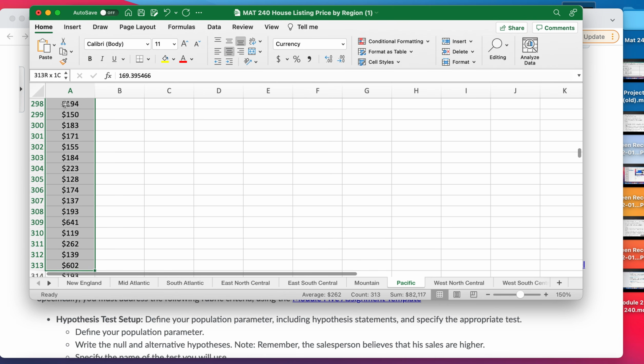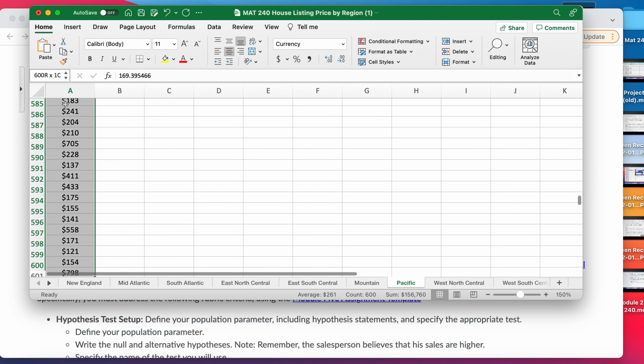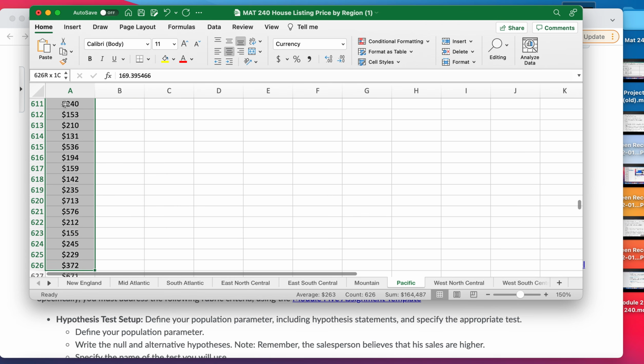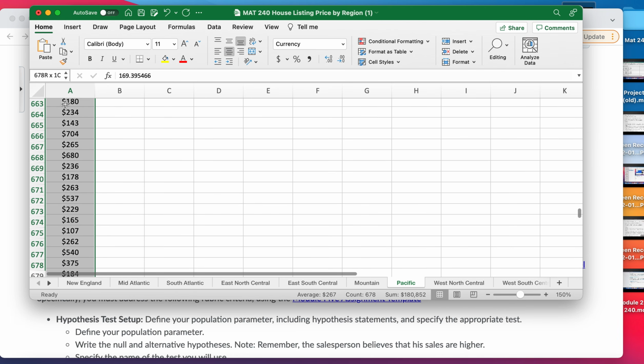Think about if you've ever done a survey and at the end it says, what is your age? And it might say 18 to 25 is one age group. The next age group is 26 to 30. The next age group is 31 to 35. A histogram would be counting how many people are in each age group.